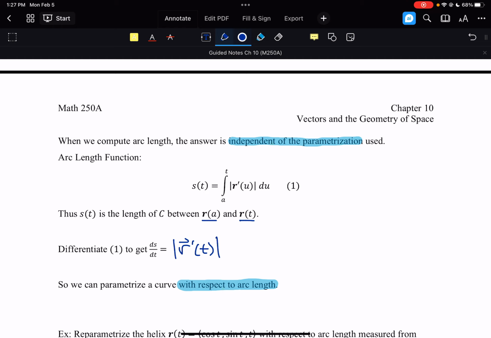And so we like to use arc length when we can as a standard parameterization. It's not always so easy to parameterize curves in terms of arc length, but this is one use we have for arc length, being able to parameterize curves in terms of it, so that we have some standardization behind that process. Okay.